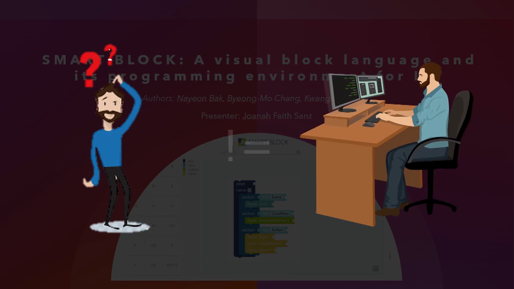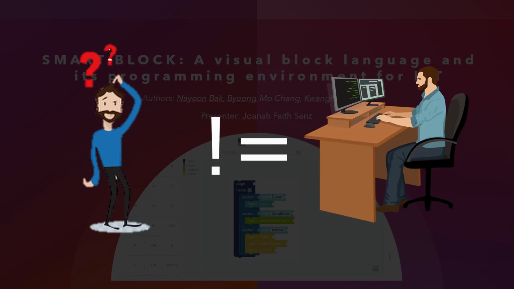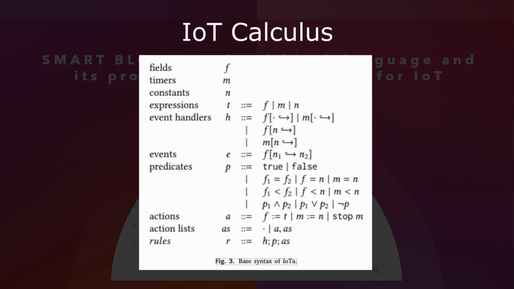Because users are not professional developers, visual language tools should provide error prevention methods to help users identify their mistakes. Internet of Things automation calculus is the standard for evaluating the expressiveness of a visual programming language and was used to evaluate SmartBlock.